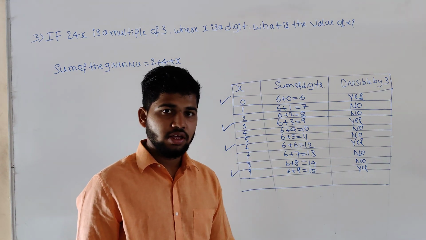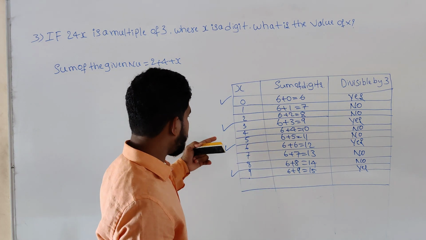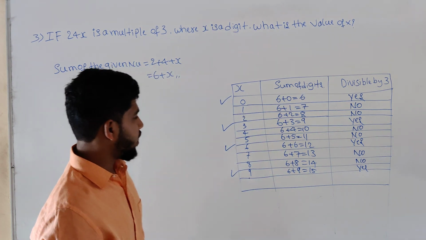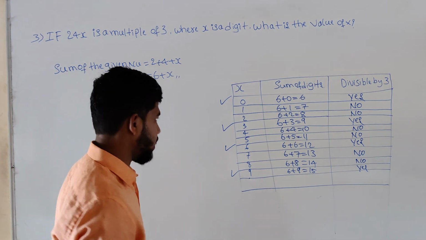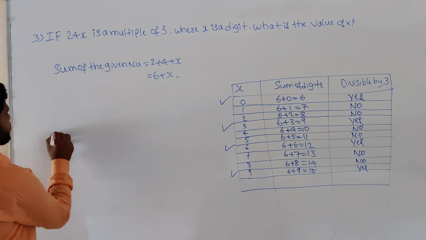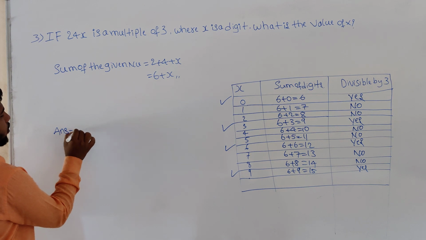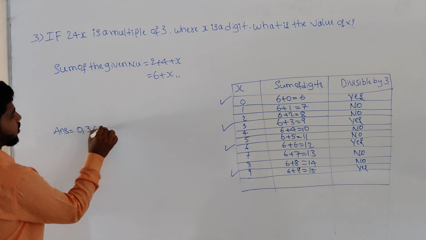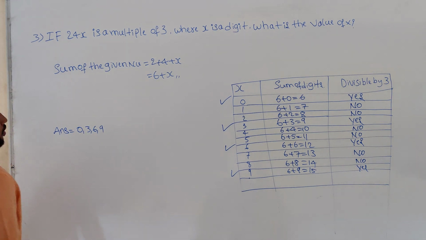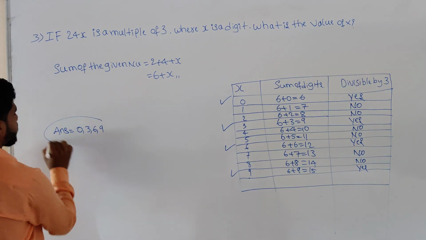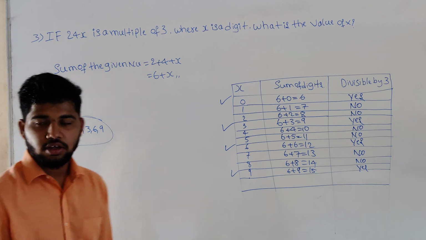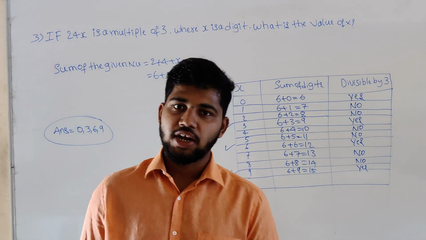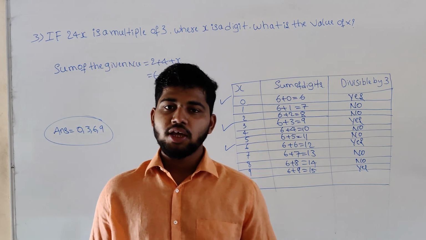The answer is 0, 3, 6 and 9. In the place of x, if you are using the value 0, 3, 6 and 9, it can be easily divisible by 3.